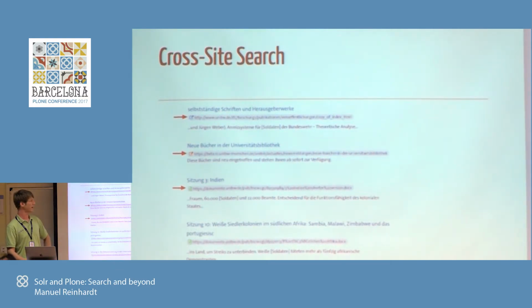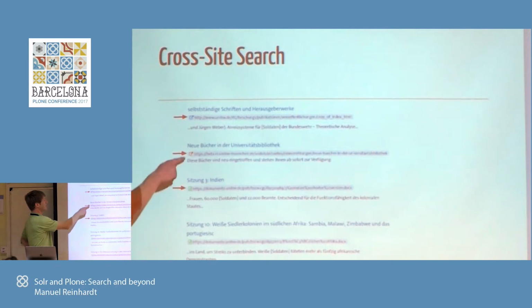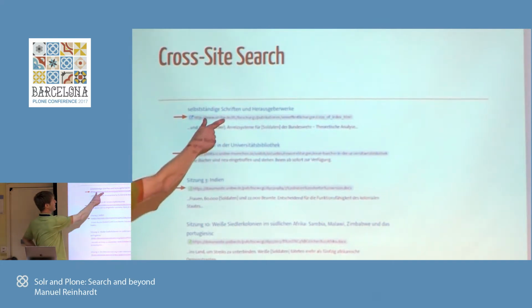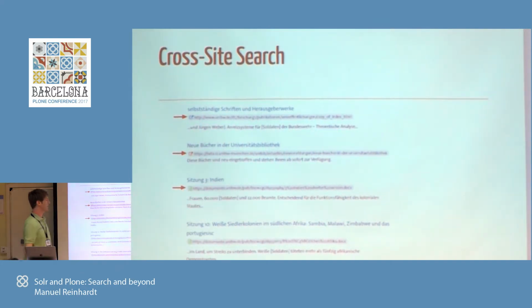It doesn't only do highlighting, but it also does the cross-site search. I hope you can see these different color icons here. These represent different sources of information. They have different host names here. So these are results that come from a Solr that has different sources indexed, and this is indicated to the user here with a little tweak of the results page.